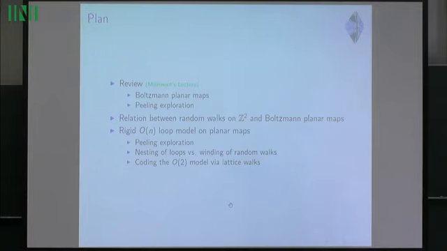In particular, I'll discuss the peeling exploration of such a loop-model-decorated map, and look at some connections between the nesting of loops in these maps and something called the winding of these random walks. Finally, at the end, I'll discuss to what extent we should expect that this connection leads to a version of the mating of trees that could apply to, say, the O(2) model. This will only be in the very last part of the talk.